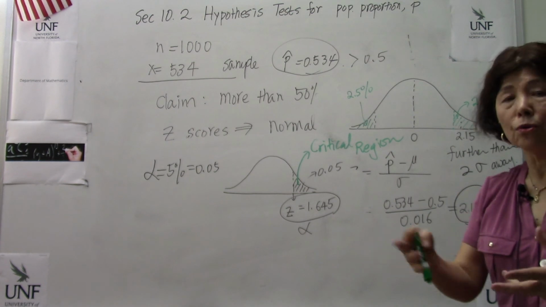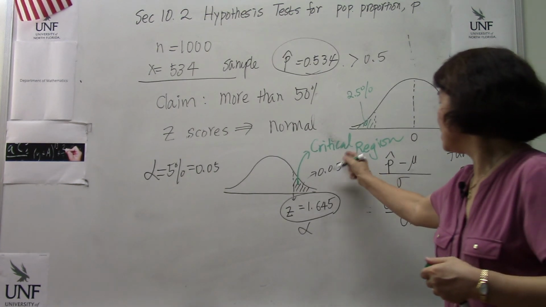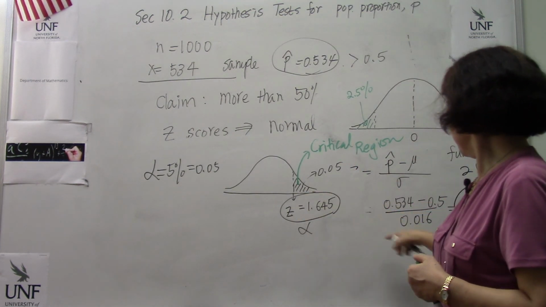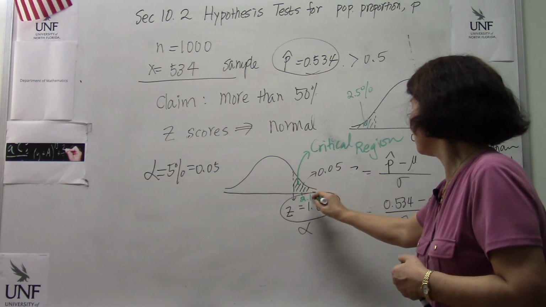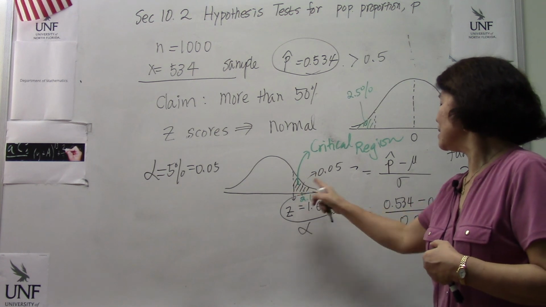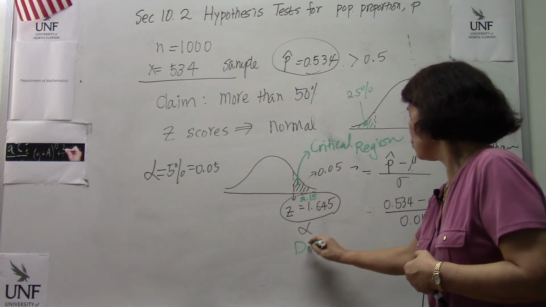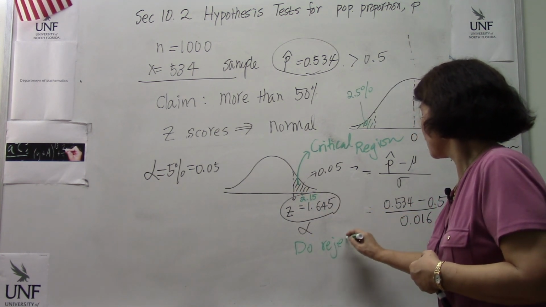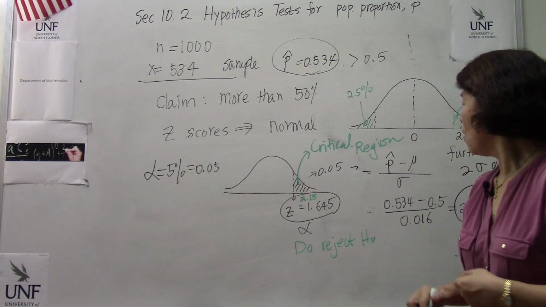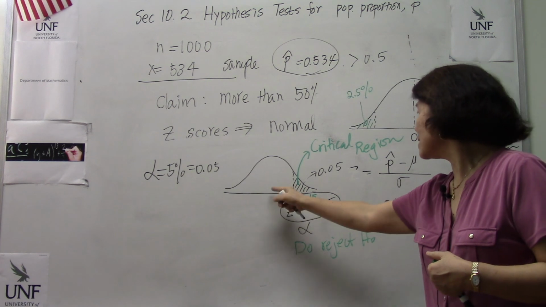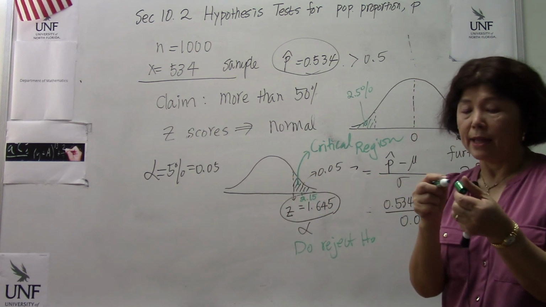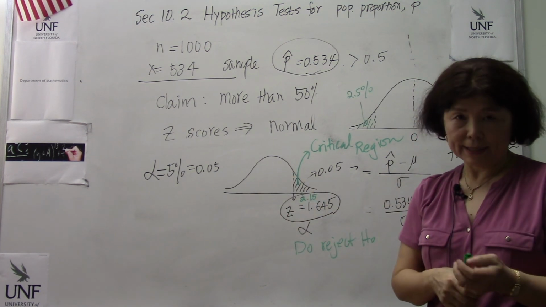Therefore, we do reject. In a case like 2.15, which is over here, we are going to reject H naught. If you compute the z-score and it is outside this critical region, then we do not reject.